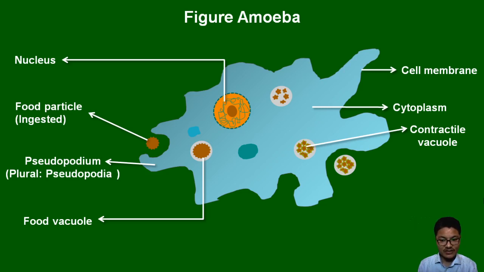So in amoeba, we have the food vacuole, which has the main components of the engulfed food, and the contractile vacuole, which is for excretion of waste or undigested food. And finally, you can also see the digested food here.